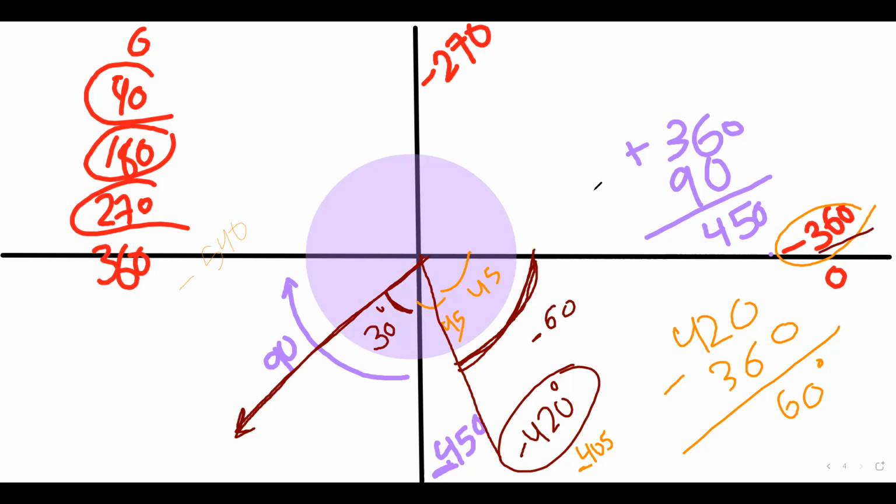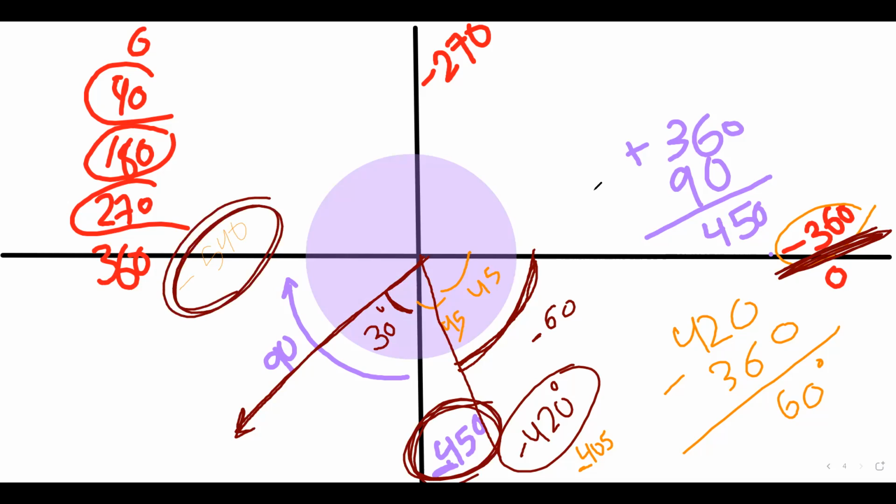The new axes are negative 360, negative 450, negative 540, and so on. So I need to find where 420 is. That means you start from negative 360 and add a rotation of 60, and you will get 420. Okay, thank you, teacher.